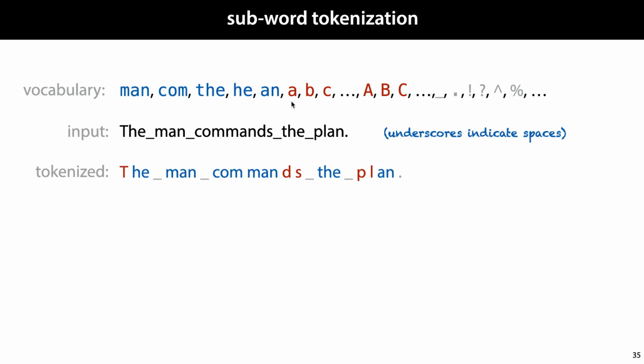For example, let's assume that we have a vocabulary containing all lowercase letters, all uppercase letters, and all common punctuation marks, as well as these multi-character chunks shown in blue. We are then given the input "the man commands the plan" and asked to break it up into chunks that occur in our vocabulary. This means that we can represent the word man in the sentence in 3 tokens using the 3 single character tokens M, A, N, but this is not the most efficient way.